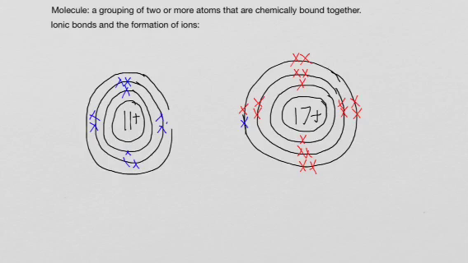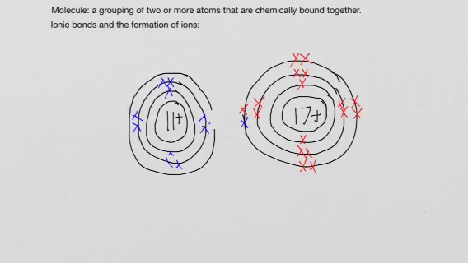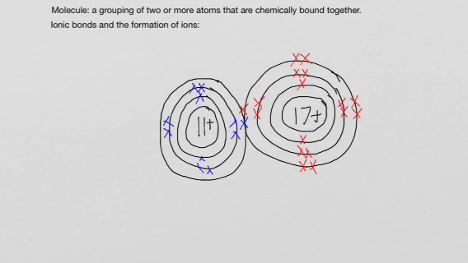So that means that sodium ends up bonding to the chlorine. And this is what gives us that sodium chloride molecule. Together they have 28 protons and 28 electrons, making them neutral and stable.